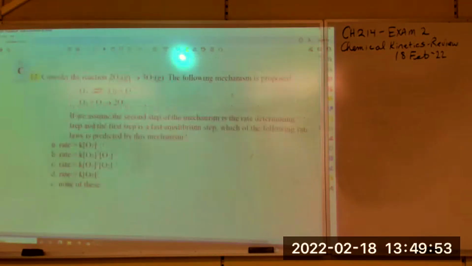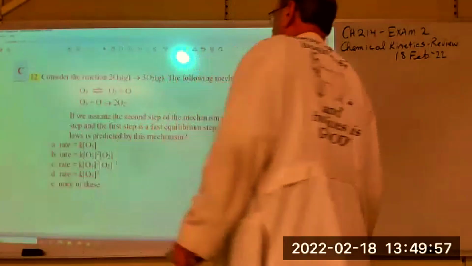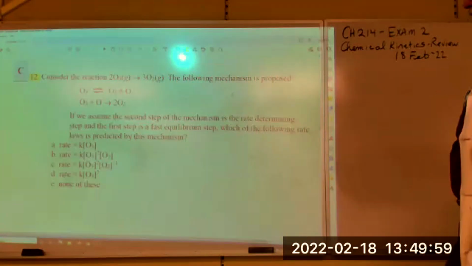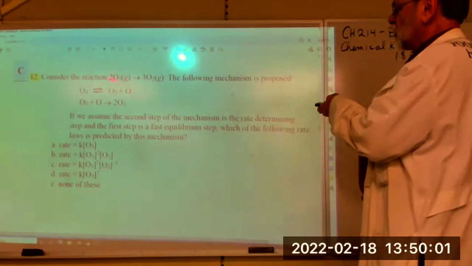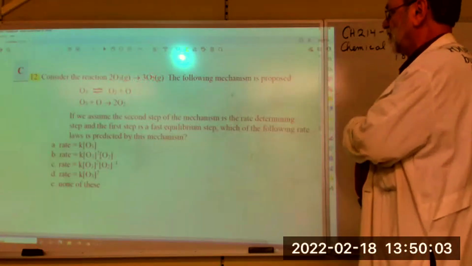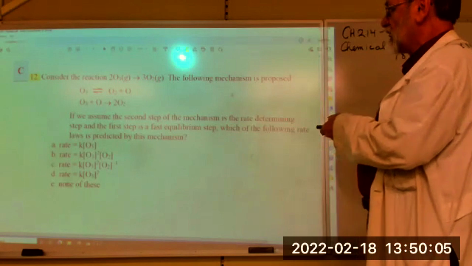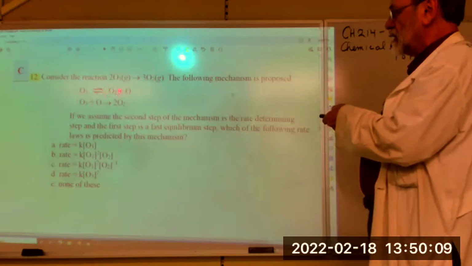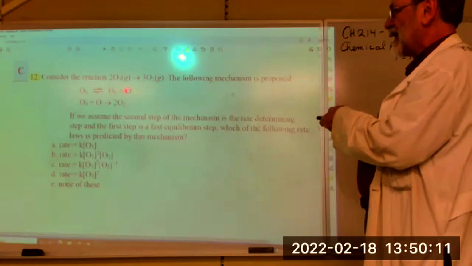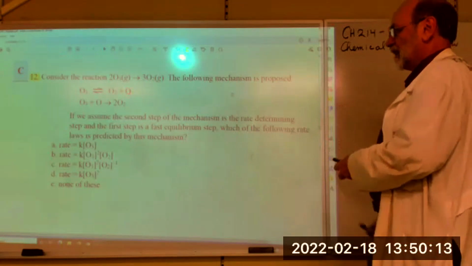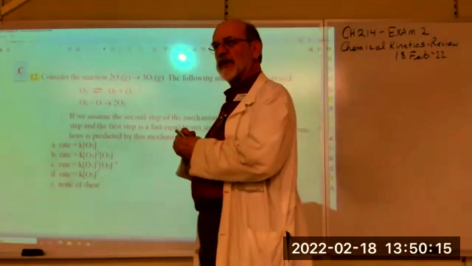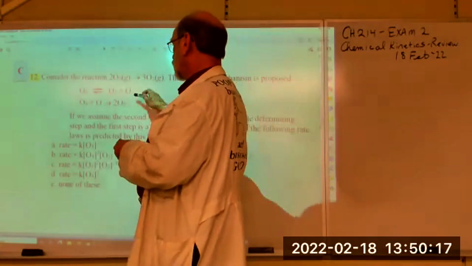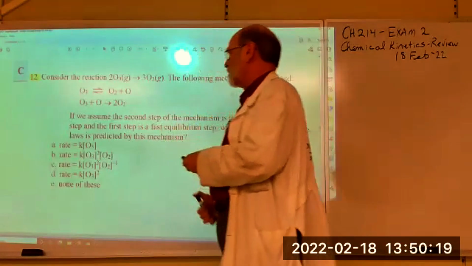But this one. Take a look at 12. Consider the reaction: 2 ozones make 3 oxygens. And this is the following mechanism. So the ozone decomposes into diatomic oxygen and a free radical. They don't show you the unpaired electron, but this one does have unpaired electrons.